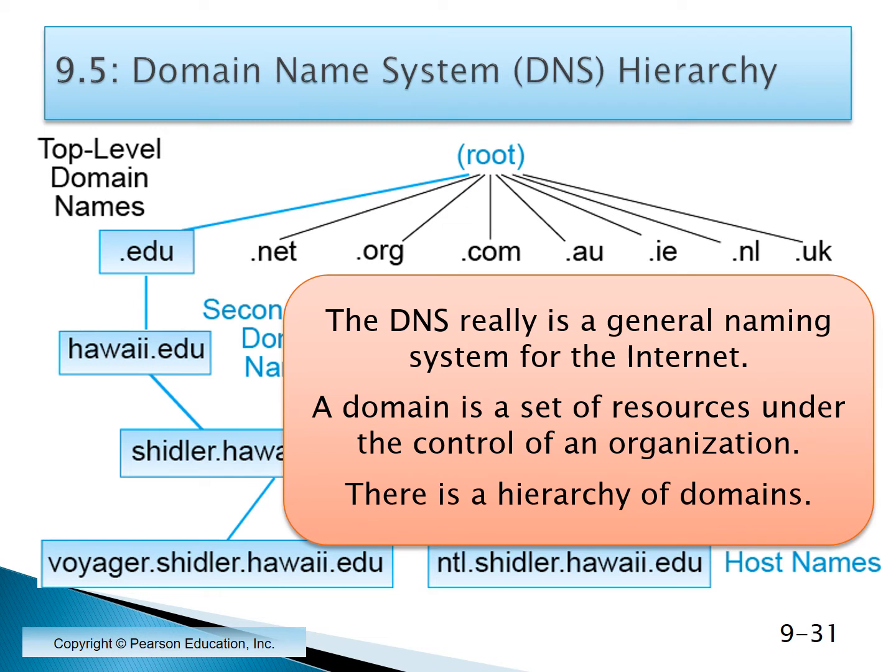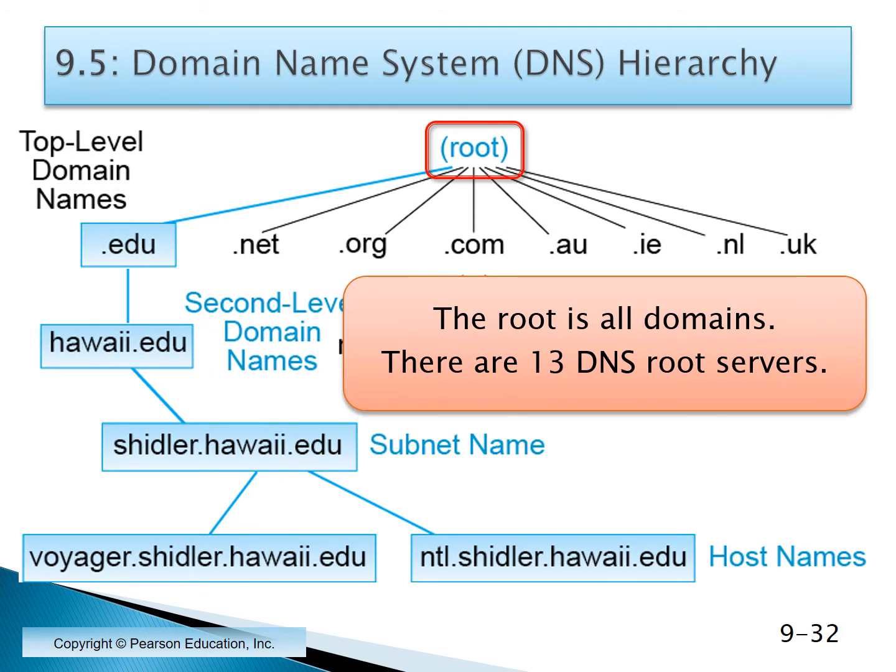And then you can also have country level domain names like UK, Netherlands, Ireland, Australia and so on. Of course, in recent years there are also some other domain names that we are seeing.